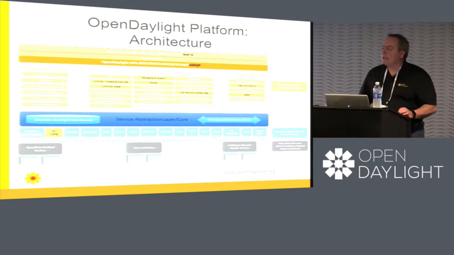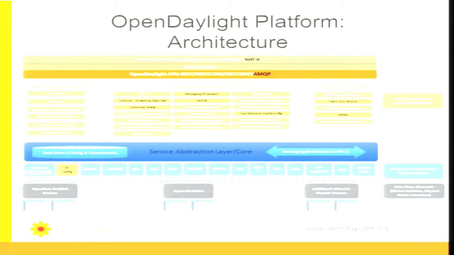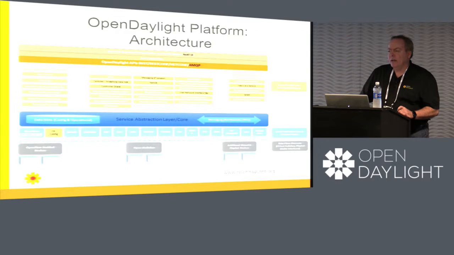The fundamental architecture of OpenDaylight is one where we have a northbound API set. You can write your applications as external applications that are interacting with OpenDaylight through REST, as well as RESTconf, netconf, and with the Beryllium release, we've added a project called Messaging for Transport that in Beryllium is supporting AMQP.